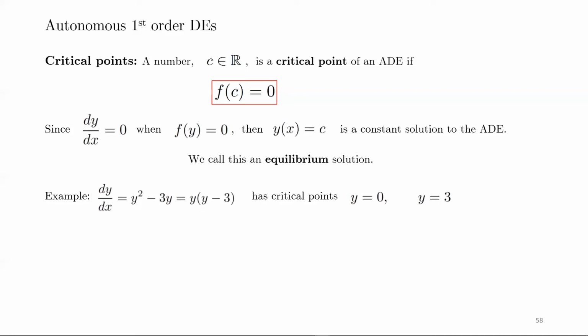An autonomous differential equation, well, we only have one variable here. y is the only thing that affects the slope, the dy by dx. So actually we can plot a phase portrait of these ADEs on a single line.